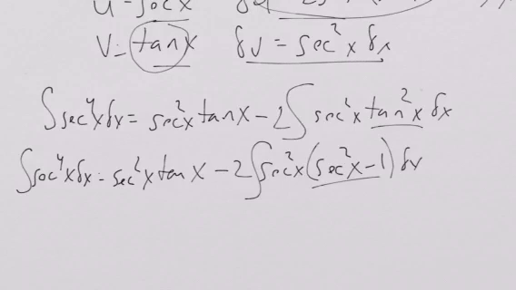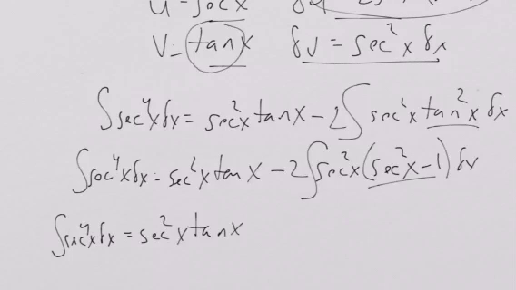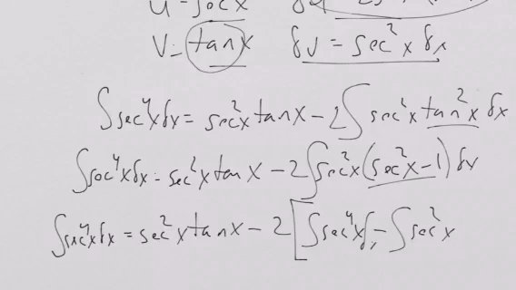So let's see what this is. We have the integral of secant to the 4th x equals secant squared x tangent x minus 2 times the integral of secant to the 4th x, and then minus the integral of secant squared x. Let's get our dx's in.